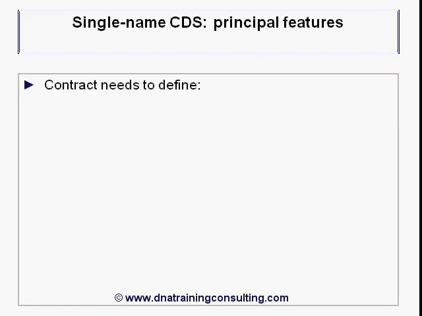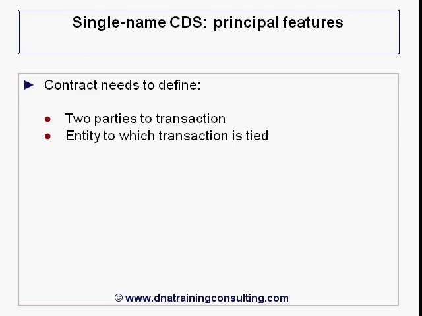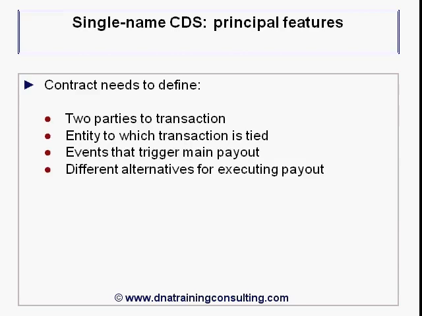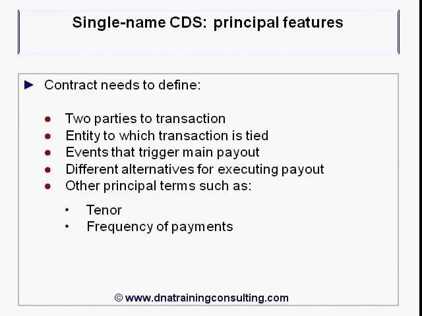The contract defines the following: who are the two parties to the transaction, typically known as the protection buyer and the protection seller; the entity to which the transaction is tied; the events that trigger the main payout, if any, under the contract; the means and different alternatives for executing this payout; and finally, the other principal items such as tenor, frequency of payments, notional amount, and so on.